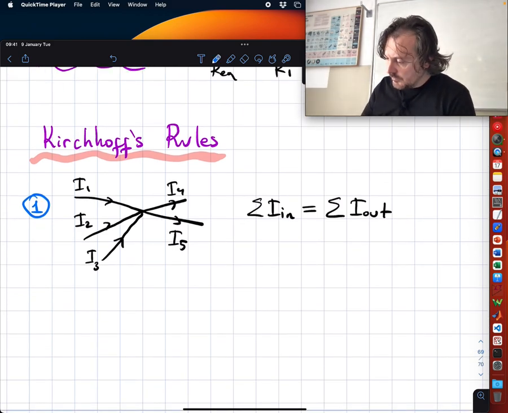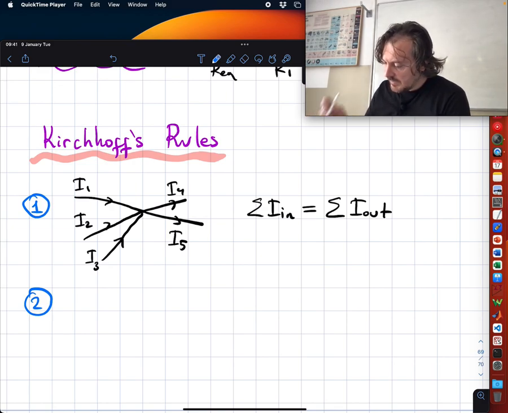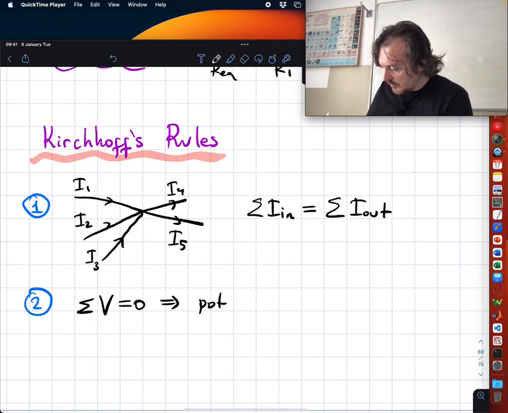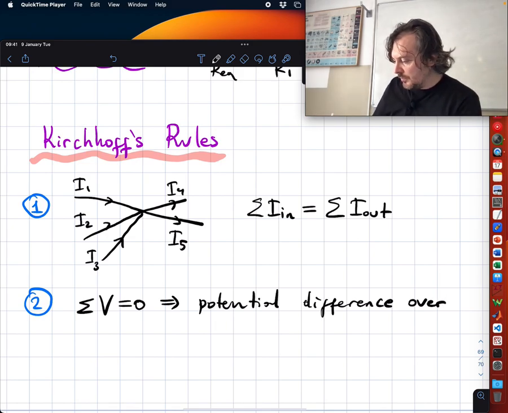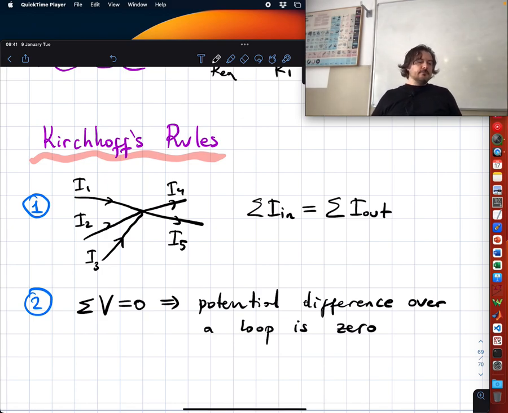The second rule tells you that the potential difference over a loop is 0. It has an exception, by the way. The exception happens later on in the chapters.